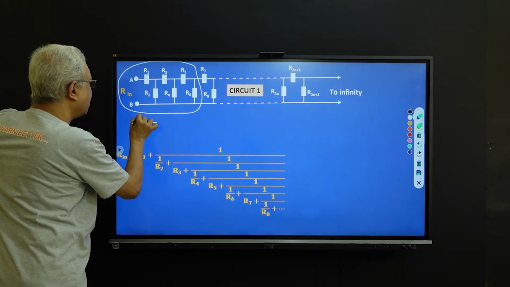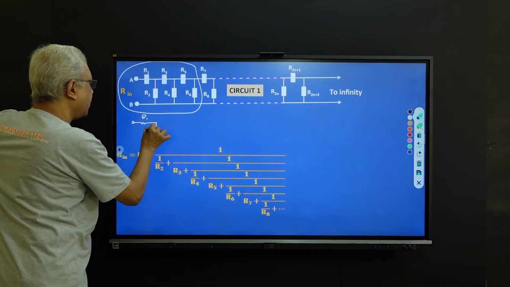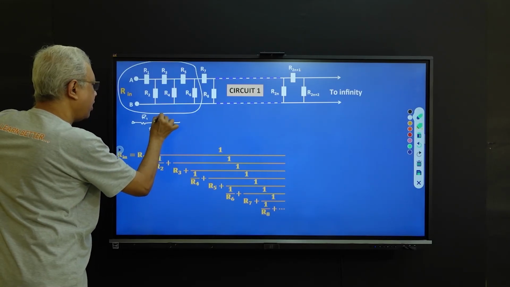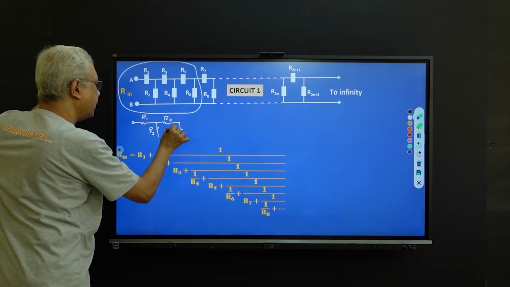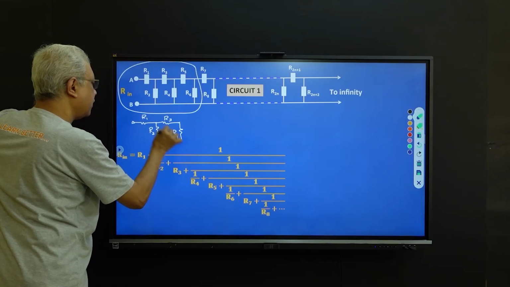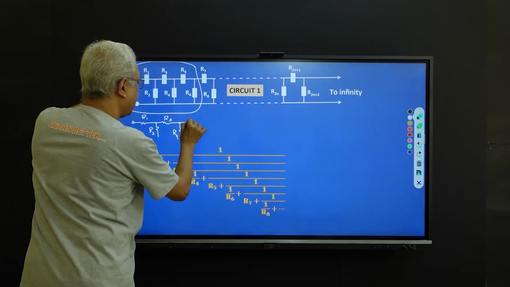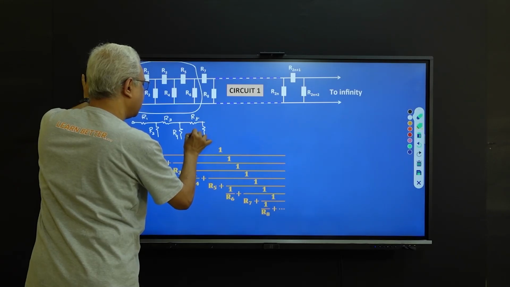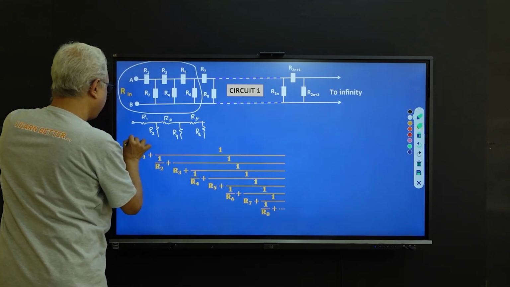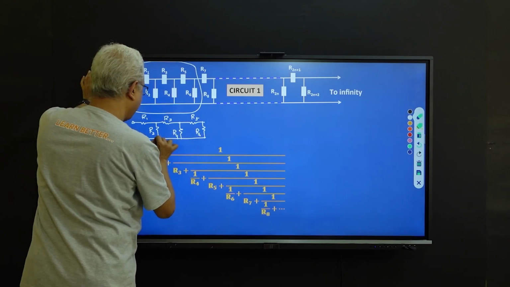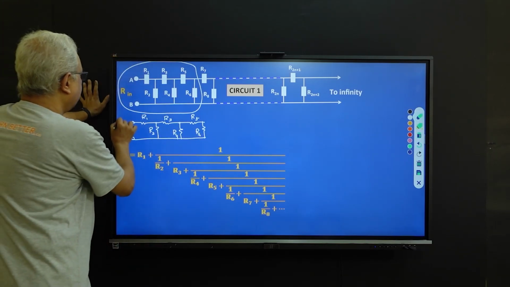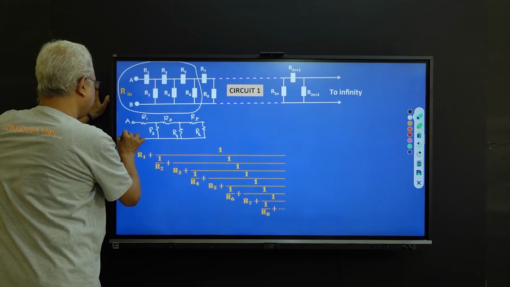So it is R1, R2, R3, R4, R5, R6. Okay, now consider this AB.